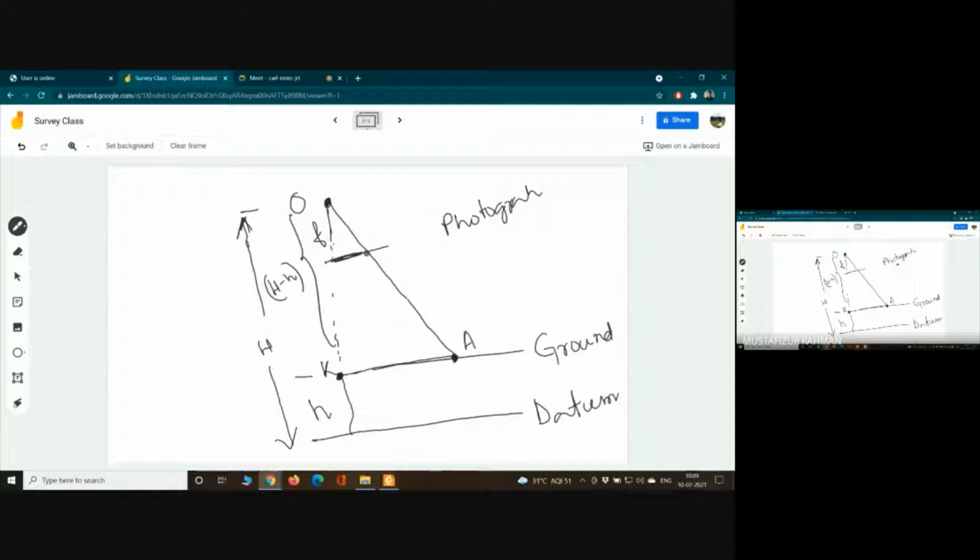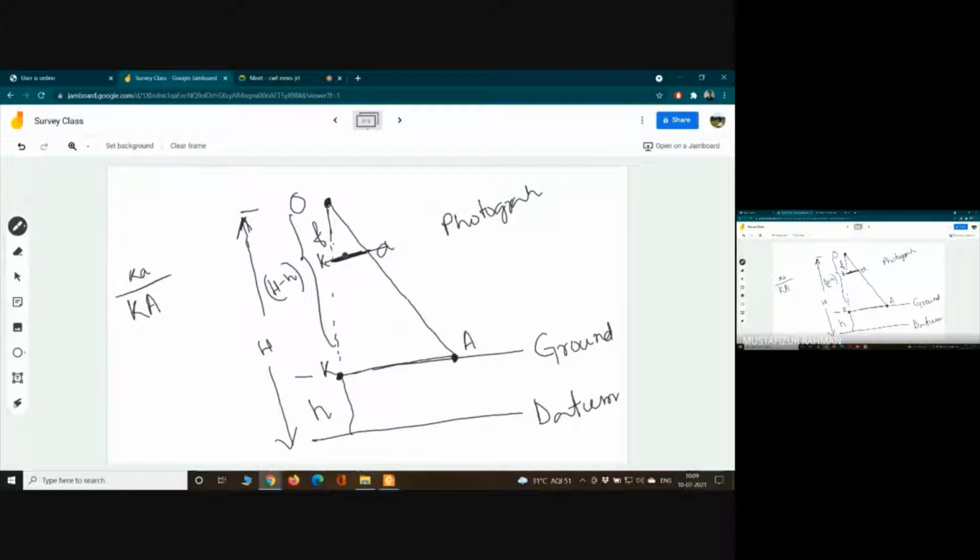So this will be the length of the same line in the photograph, small k, small a, right? Now what is the scale? Scale by definition is the distance in the map or in the photo divided by the original distance, right? So small k a divided by capital K A. This is going to be the scale of the photograph.